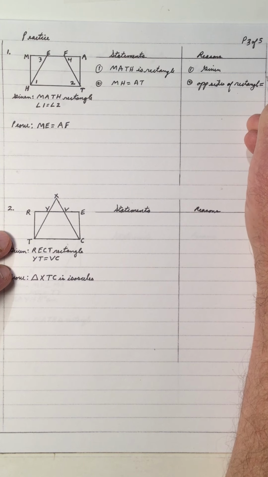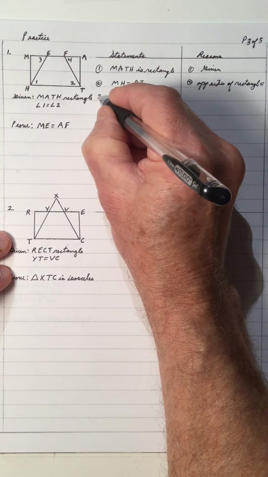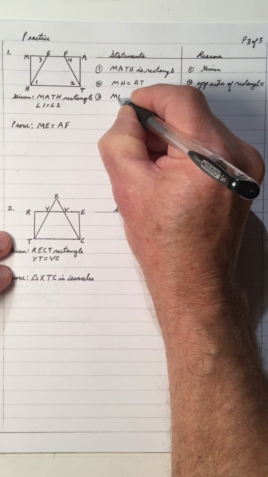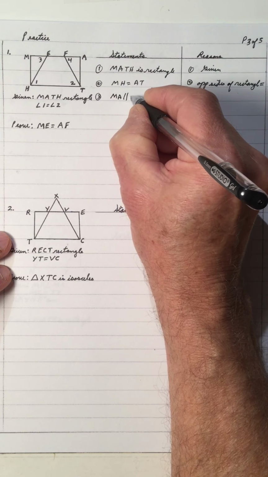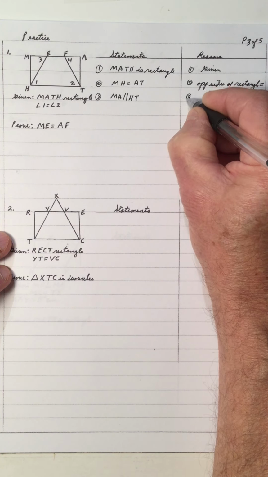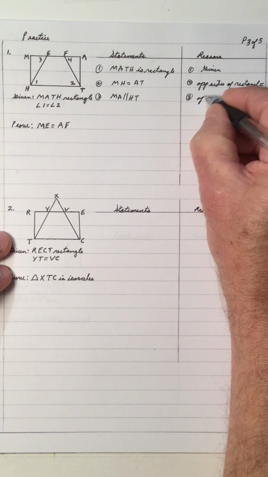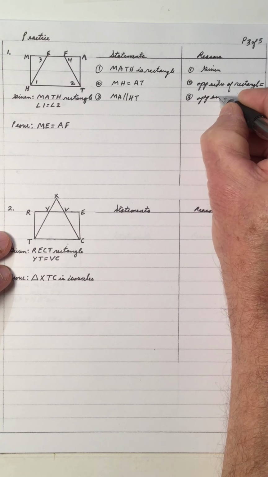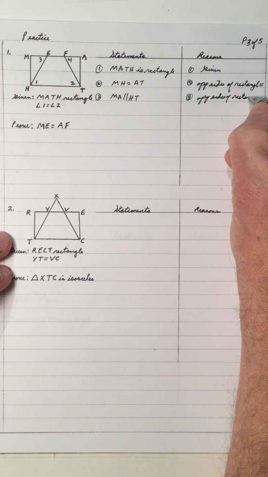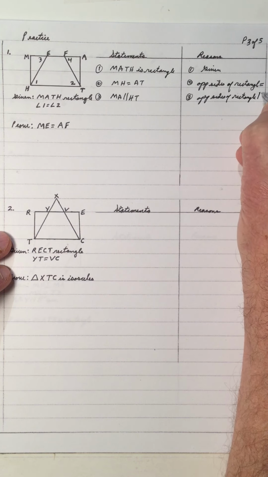And we have MA parallel to HT because the opposite sides of a rectangle are parallel to each other.